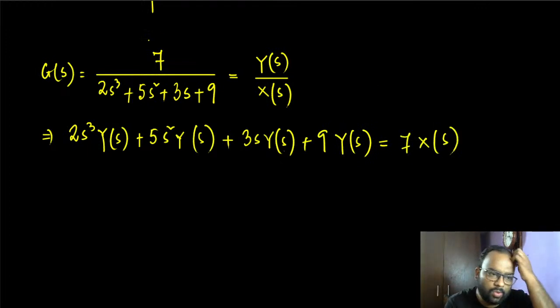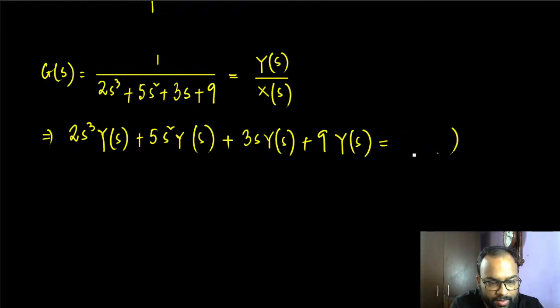This time around, let me get rid of this 7 and make it 1, so this is just the input. Let me use the notation that we use for state space: u is the input and y is the output.